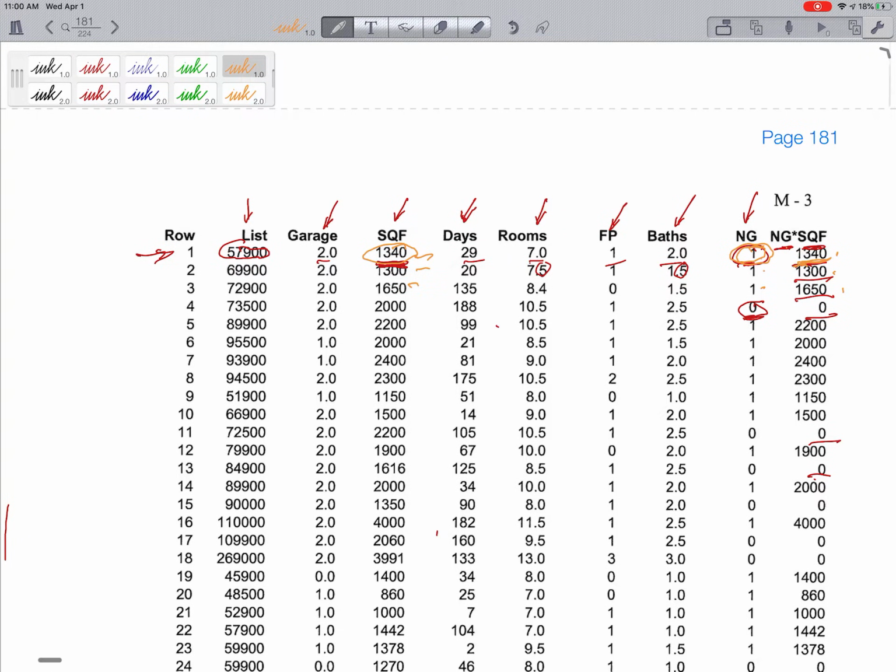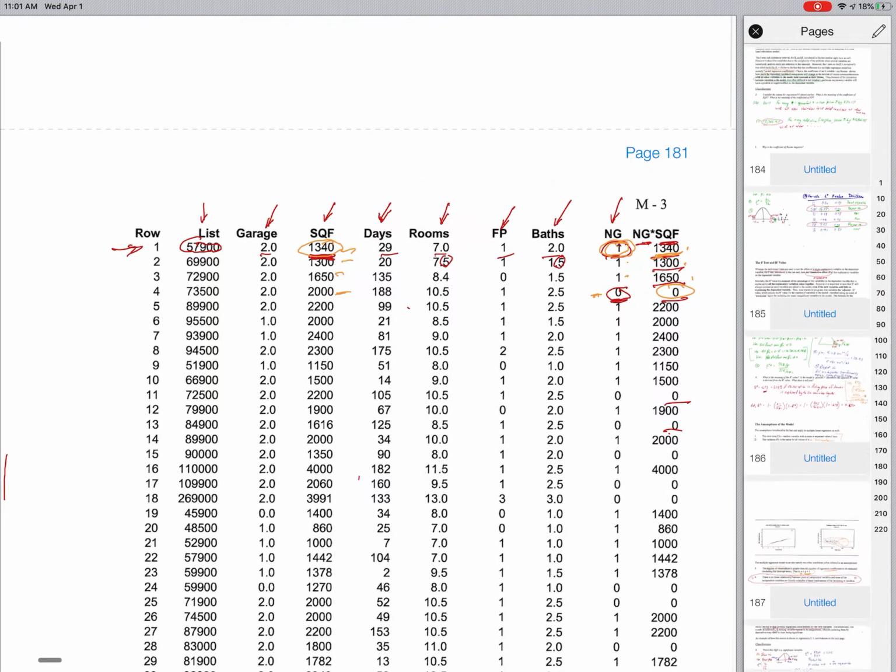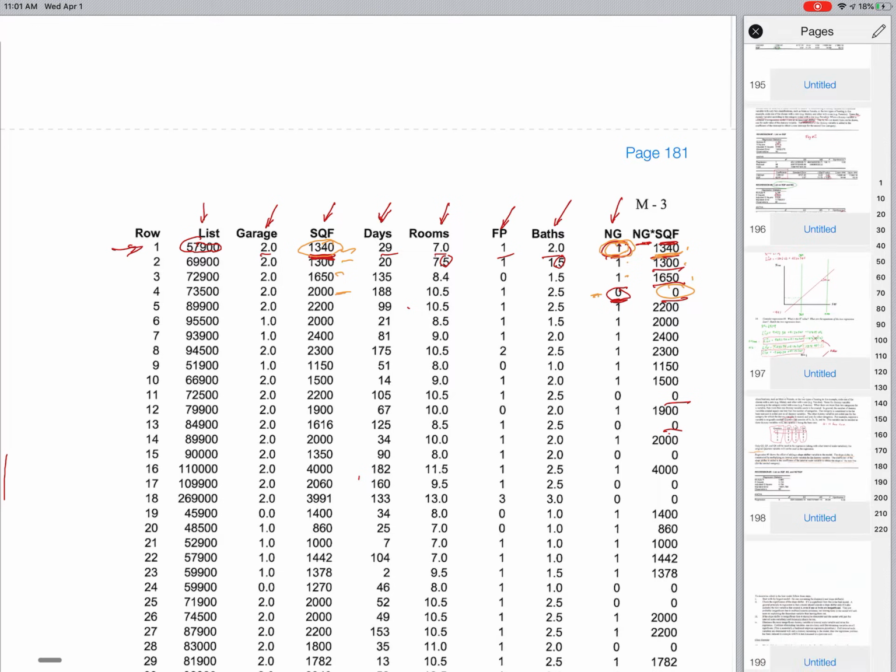But then when you get down to the 4th one, it would be 2000 times 0, and so it blanks out. So when you're dealing with non-natural gas heated houses, then the slope shifter simply becomes 0. So the NG SQF is a replication of the SQF column for natural gas houses, and then is zeroed out for other houses. So let's take a look then at how that works when we're back down here.